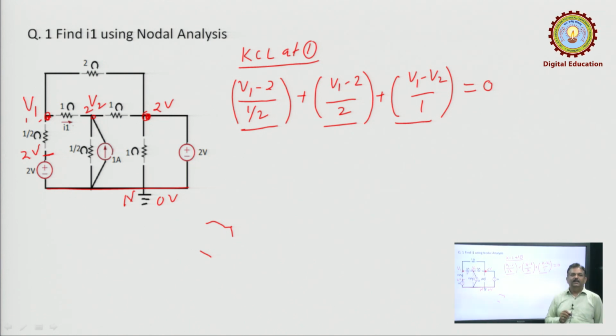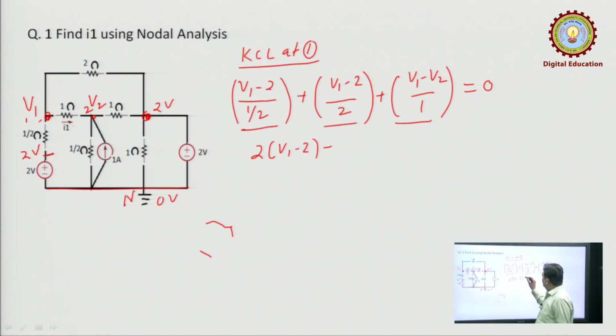Now, similarly, you can write the KCL equation at node 2, or you can simplify before writing KCL at node 2. This will be 2 V1 minus 2 plus V1 by 2 minus 1 plus V1 minus V2 equal to 0.